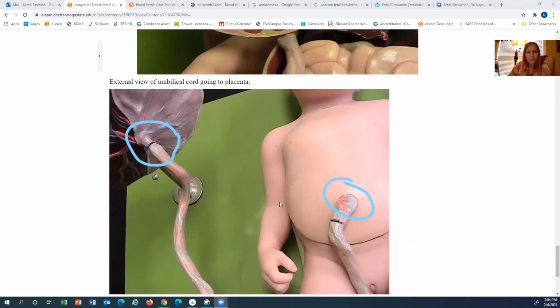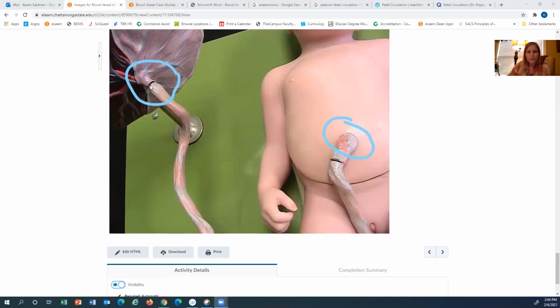So I'm going to go back down to the umbilical cord. Just like vessels that come into the heart are called veins, because they have the word I-N in the word vein, V-E-I-N, vein means in. So the umbilical vein is going to bring blood in to this baby.